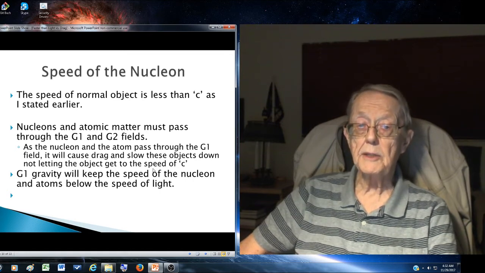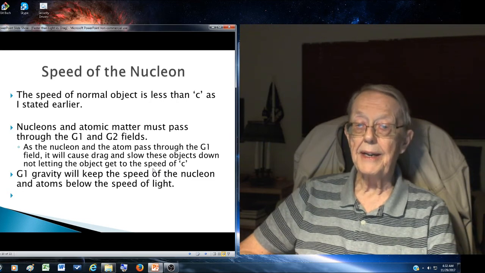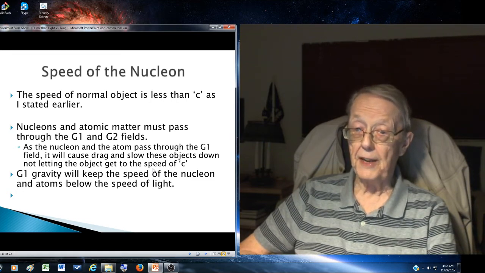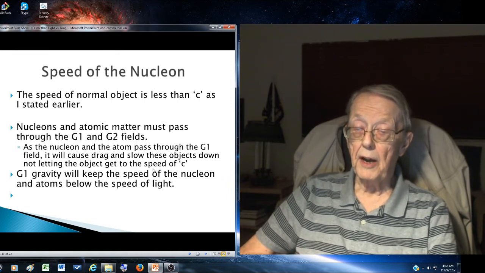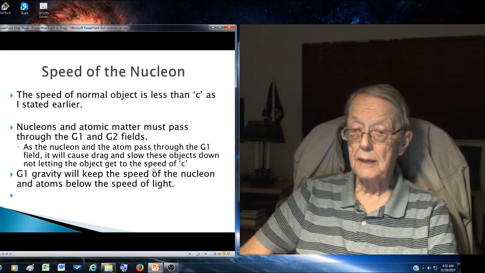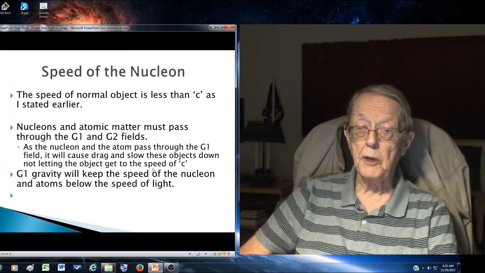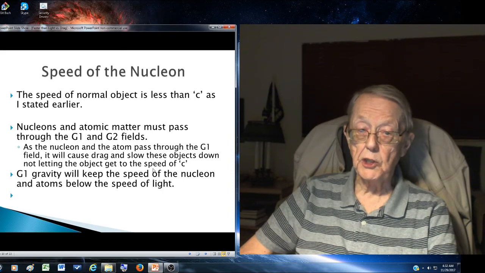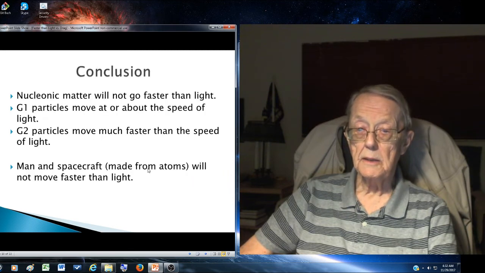In particular, as the nucleon and atoms pass through the G1 field, it would cause drag and slow these objects down, not letting them get to the speed of c, because the faster the nucleon goes, the harder it's being pushed back, and the less it's being pushed forward, so it's going to slow down. The G1 field, really, and gravity, will keep the speed of the nucleon and atoms below the speed of light.